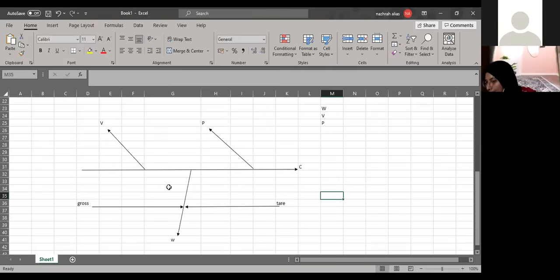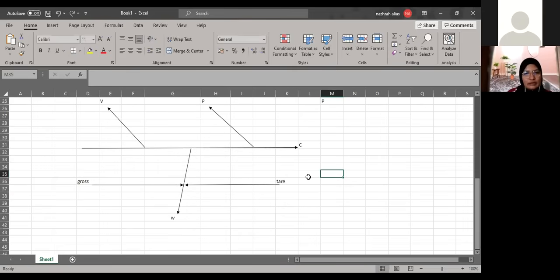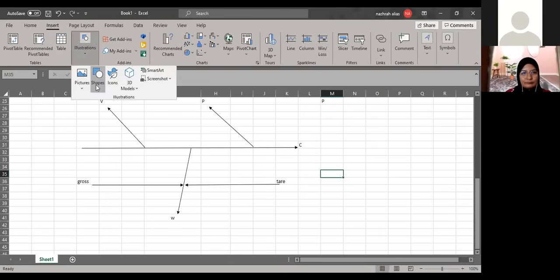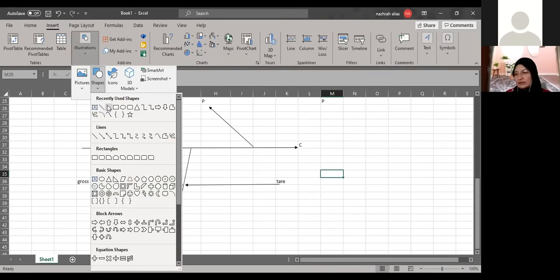And then at gross weight and tare weight we have our uncertainty. If you look at the earlier slide, we have calibration uncertainty.